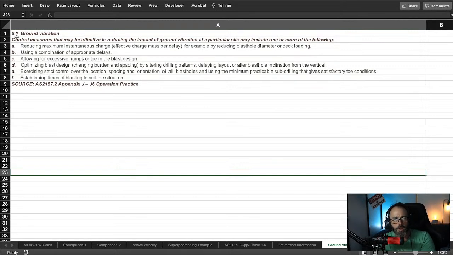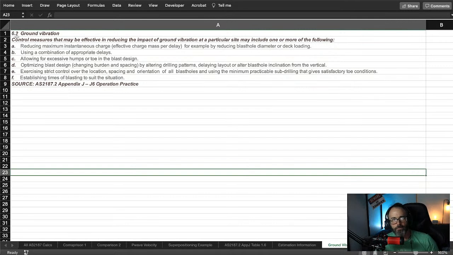Optimizing blast design, changing burden and spacing by altering drilling patterns. So yeah, you could, because what is that going to do? That's going to reduce the confinement between your rows, the inter-row relationships, which means you're going to be liberating the rock, and then the next piece of rock doesn't have to move as much as it would have done with the original burden and spacing.